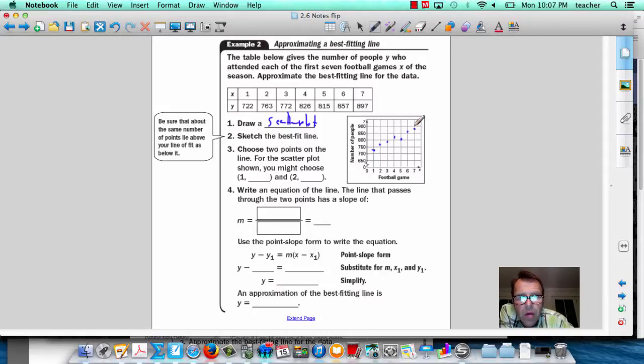All right, so I plotted all 7 points as best I could on this little graph. Again, you would then sketch the best fit line.